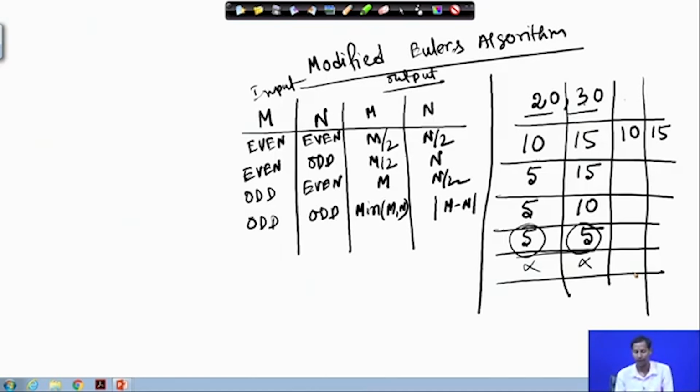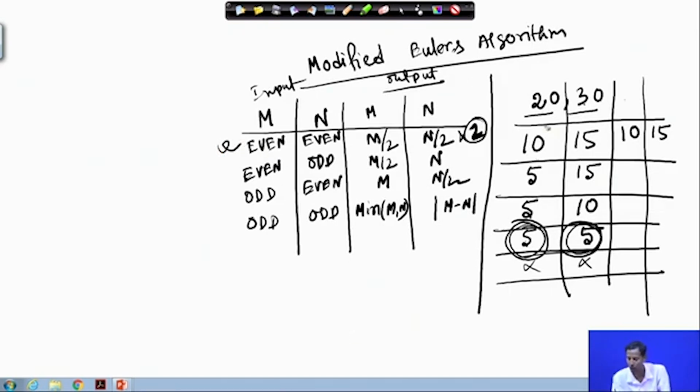Now, according to this, what I said is that when both the numbers are even, at that time only the output value will be multiplied with 2. Output value means finally whatever remainder is coming over here will be multiplied with 2 for each of these even cases.